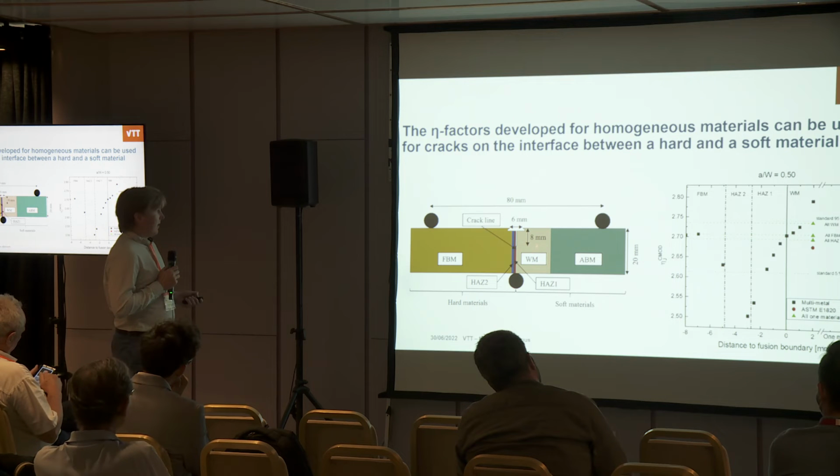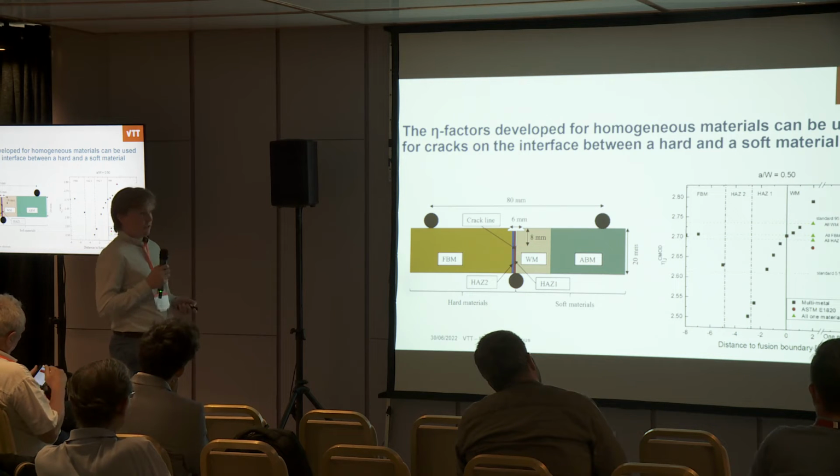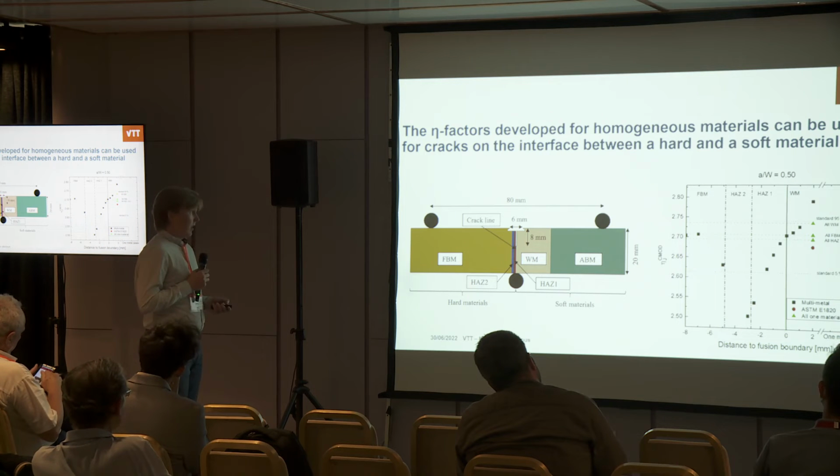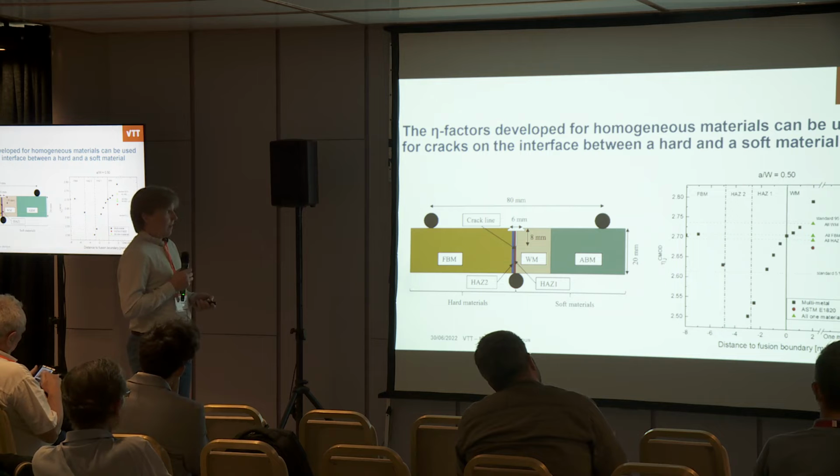And then from these simulation results we estimated the eta factor, and we noticed that as long as the crack is close to the fusion boundary, so at those distances we are focusing on in this work, it doesn't deviate that much from the ASTM solutions.